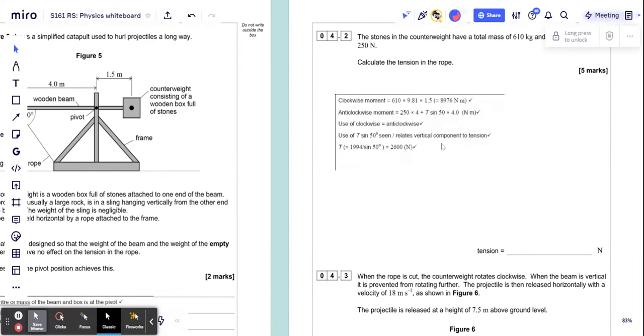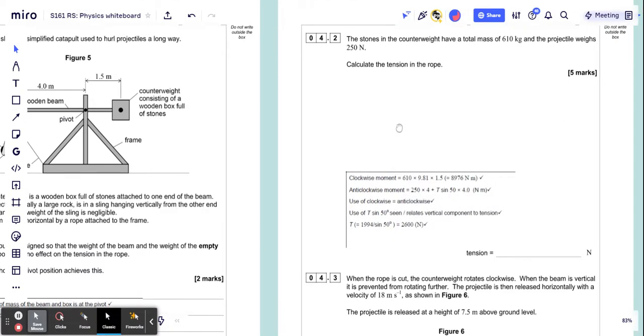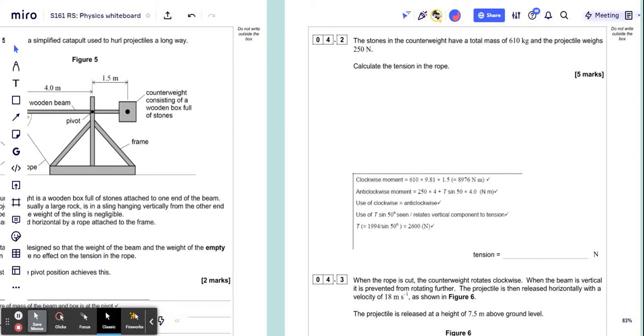Remember, at the moment, it's in equilibrium, as in there's no rotation, but that's because of the tension of the rope. So the first thing we're going to realize is that the anti-clockwise moments are equal to the clockwise moments.